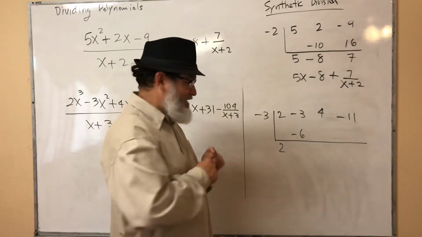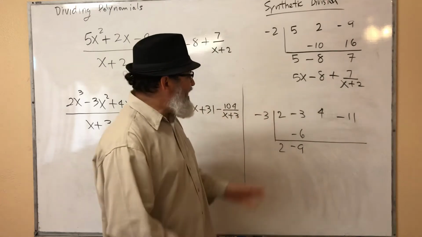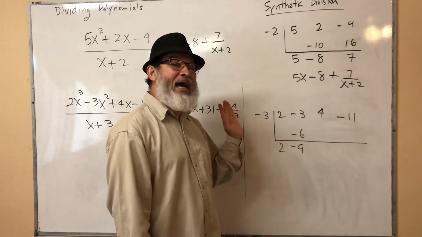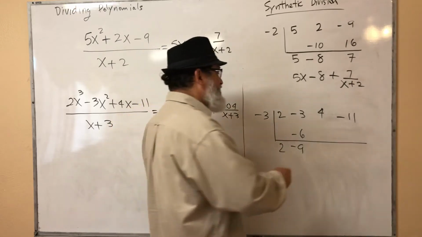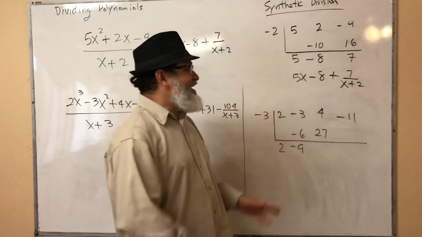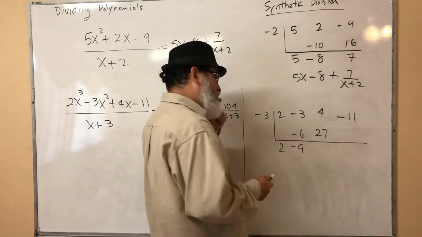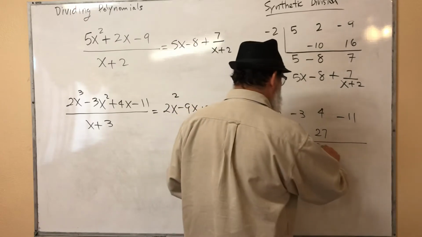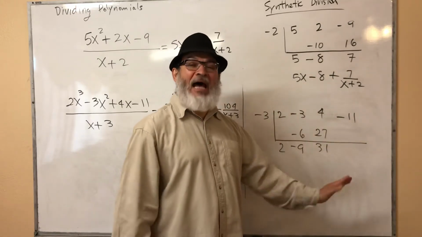What is that? Negative 9. The next step is to multiply. Negative 3 times negative 9, 27. The next step is to add. 27 plus 4, 31.